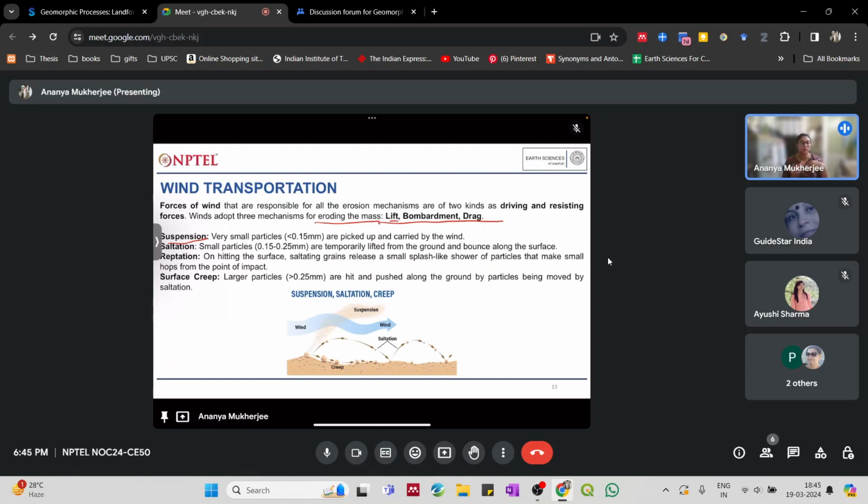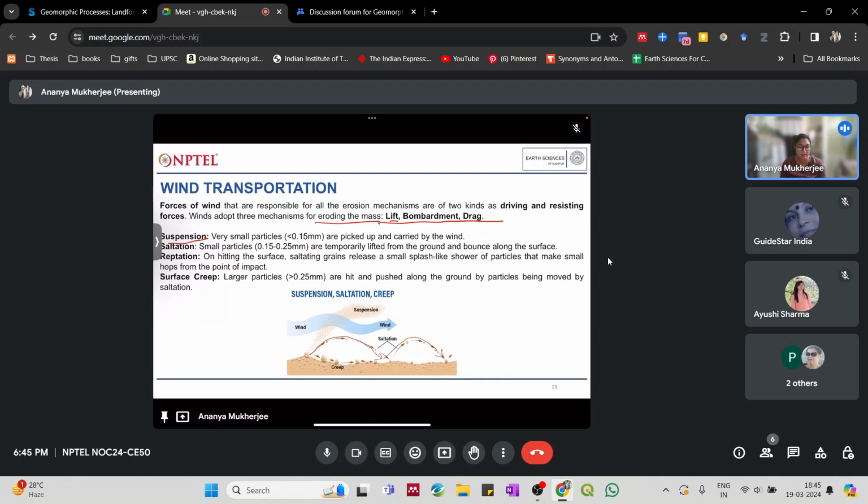The next transportation mechanism carried out by the wind is saltation. These particles are hopping from one place to another.